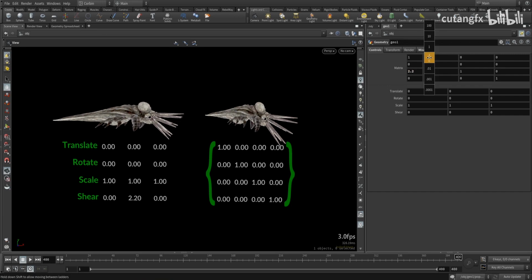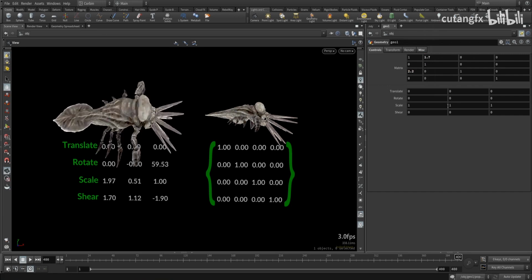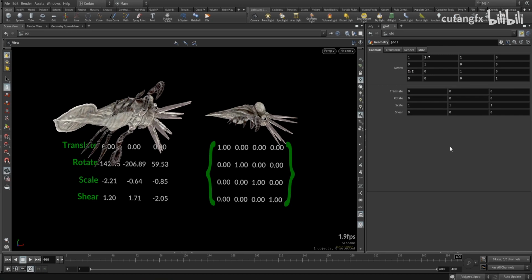But as soon as we start adding additional shear on multiple channels, then these numbers disappear from what we're seeing. Same thing would happen if I now start altering another number. Okay, so now none of our shear numbers at the bottom here are represented in any numbers here, and yet they were when they were isolated.